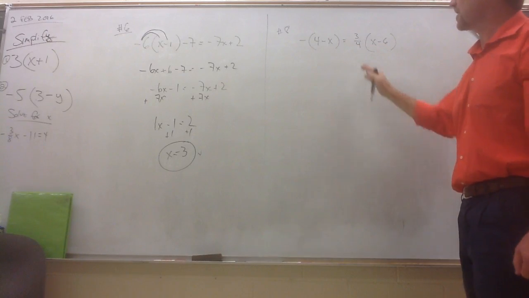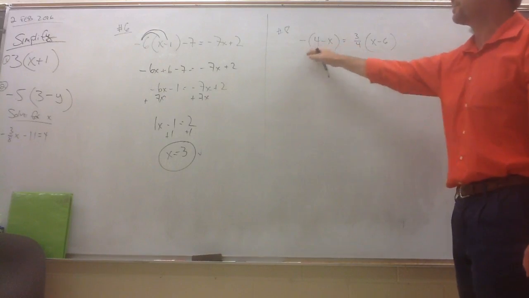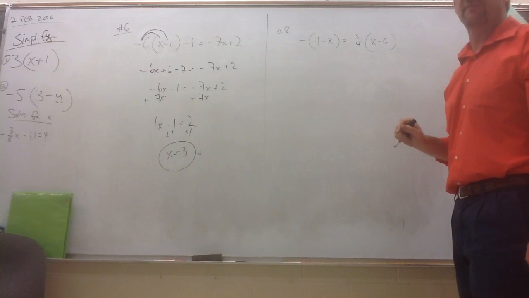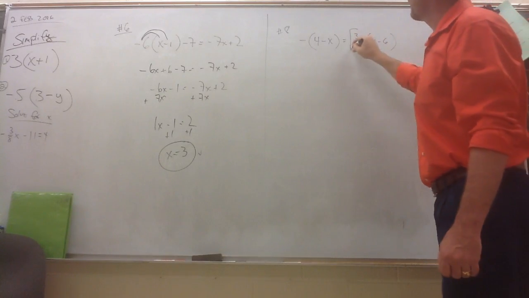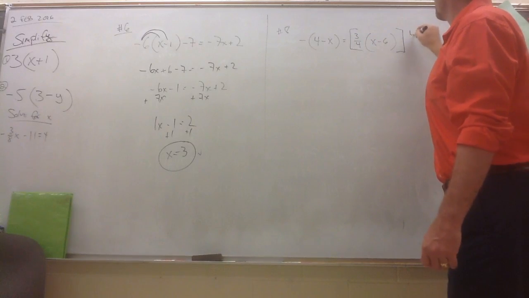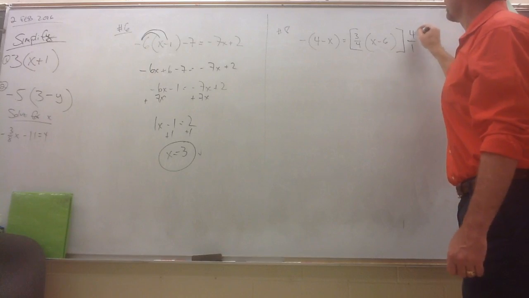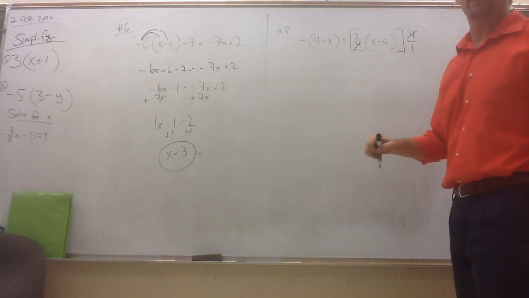And the way we clear fractions is by multiplying by the lowest common denominator or least common multiple of the denominators. And since there's only the one denominator here, 4, we're going to multiply everything on this side of the equation by 4. And when I do that, 4 cancels out that 4, and you've eliminated your fraction.